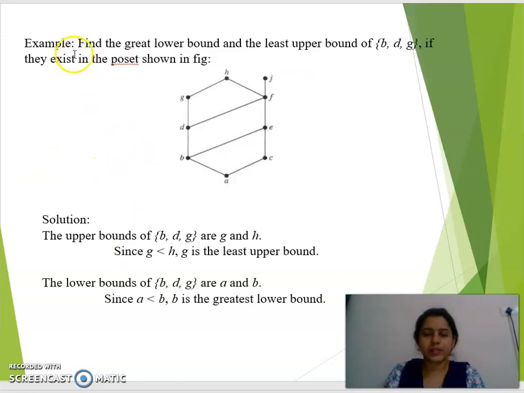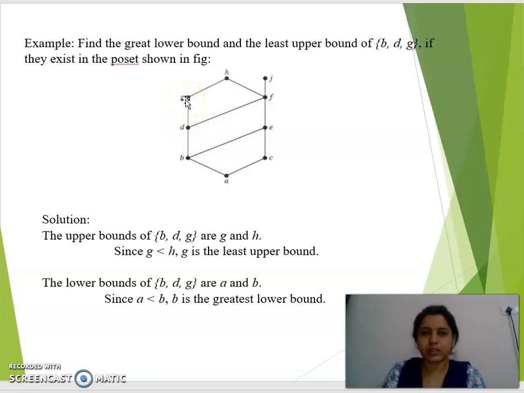Here we will see this using an example. This is the Hasse diagram and the subset given is B, D, G. BDG is the subset, where we have the nodes B, D, G here.